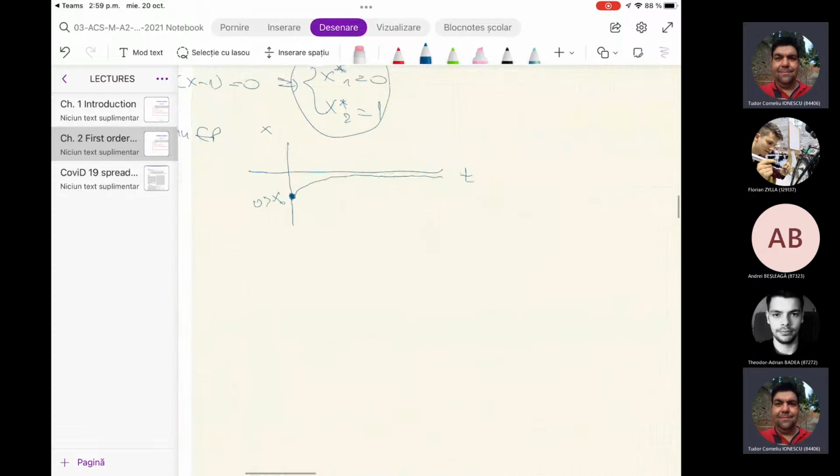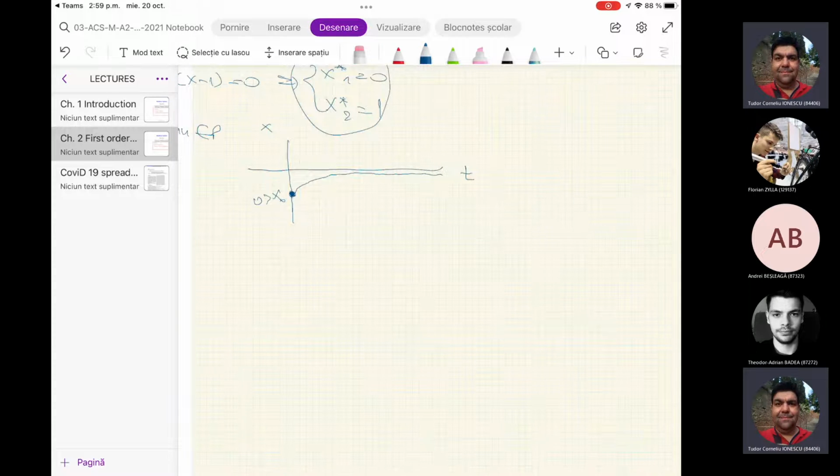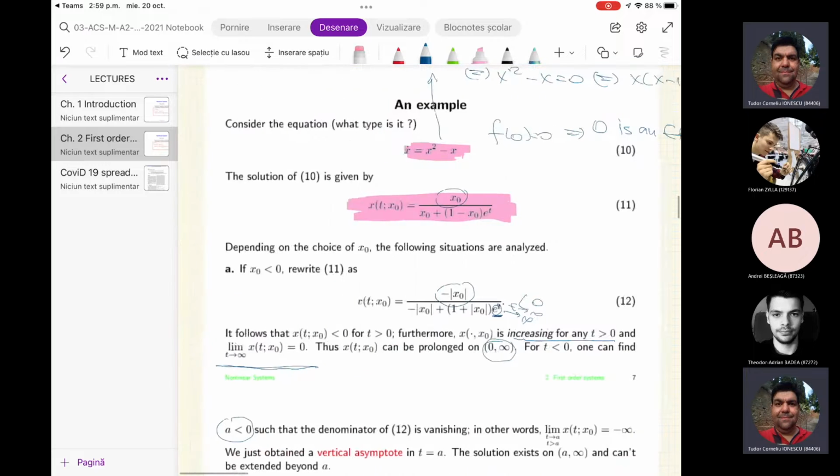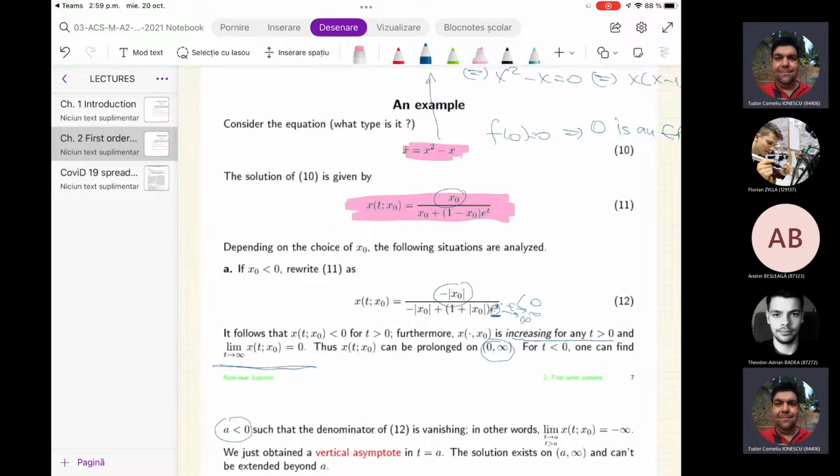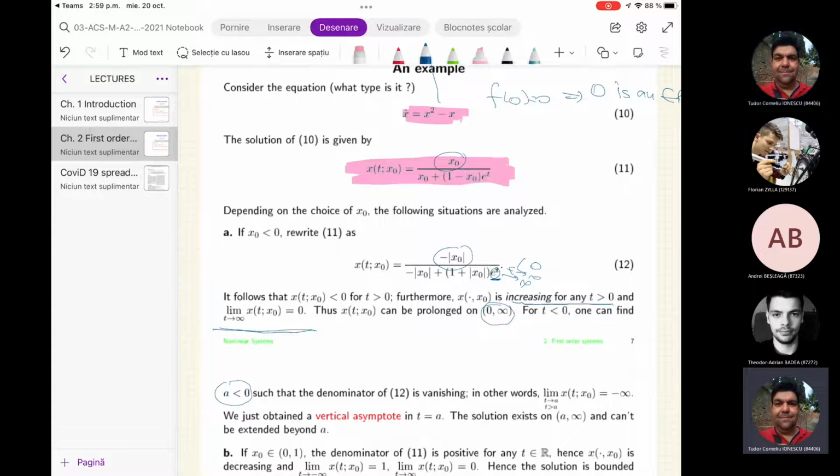However, in the past, if you look at this, there is some constant a where this is 0. So essentially, solving minus x naught plus 1 plus x naught e to the power t equal to 0, we have to extract t.